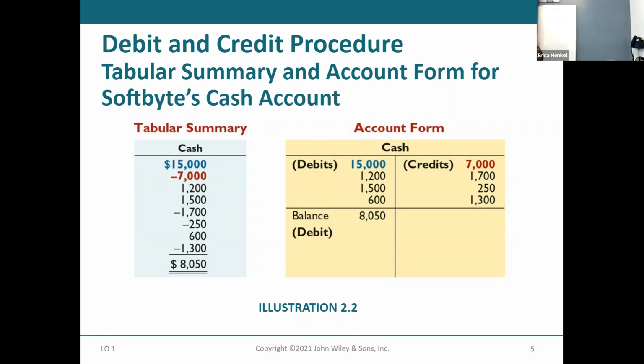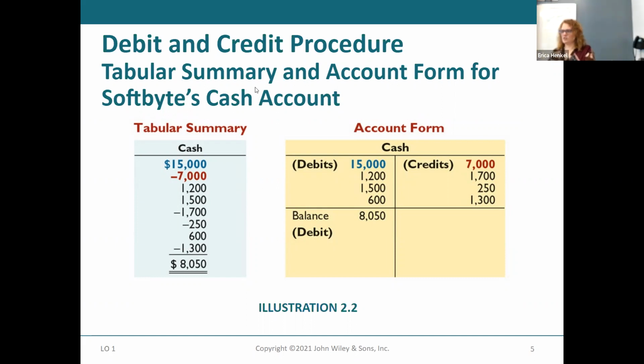Was that the natural balance for this account? The beginning balance here was $15,000, and it's a debit balance, which is the normal balance for cash, a positive balance. And then we had a variety of things that increase and decrease our cash during the period. So subtracting the 7,000, adding the 1,200, subtracting the 1,700, adding the 1,500, etc., to get to our ending balance.